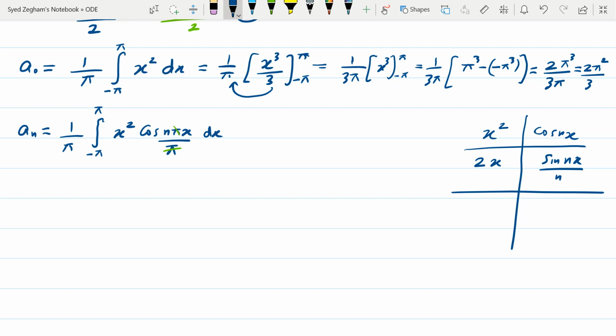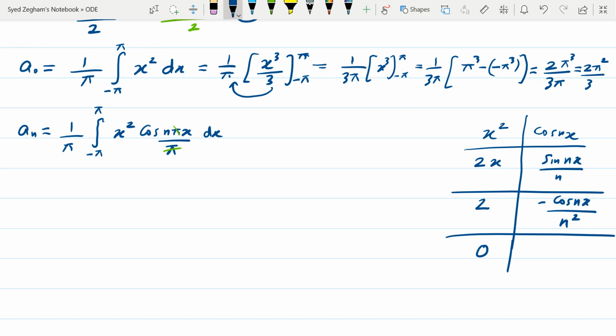And then derivative of 2x will become 2, and integration of sine nx by n will become minus cosine nx divided by n, and one more n is already present, so this becomes n square. Then derivative of 2 will give us 0. So this is our point where we will stop.